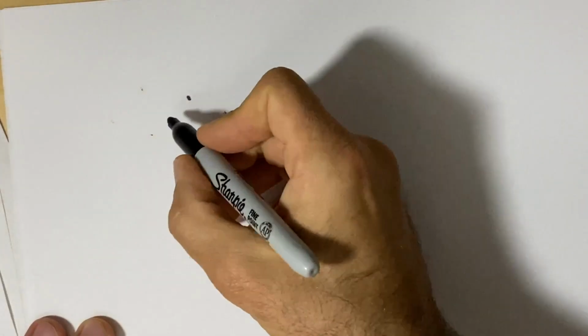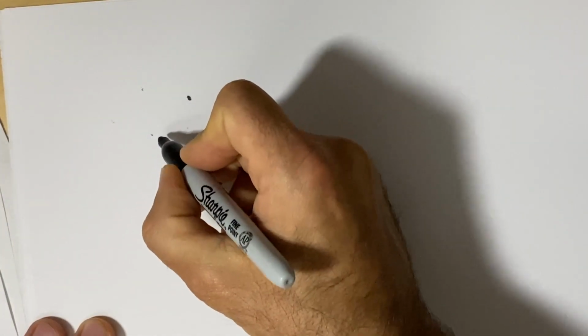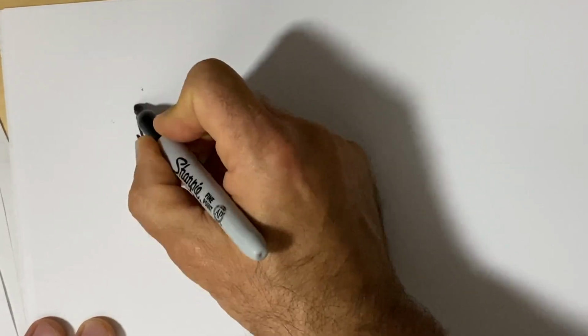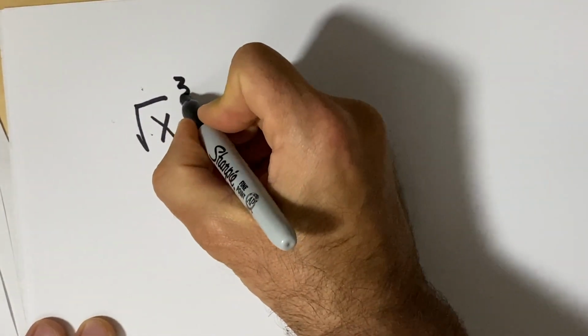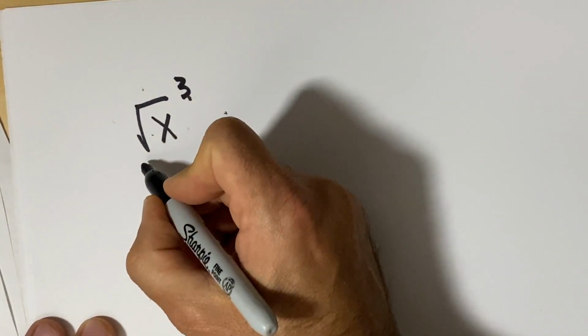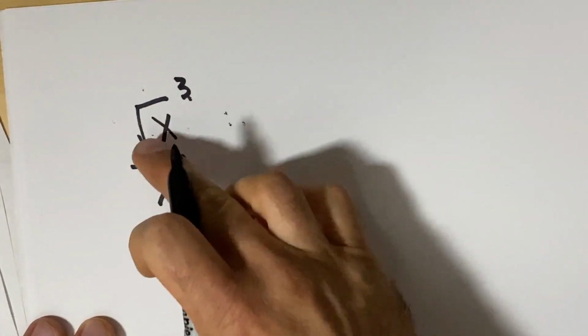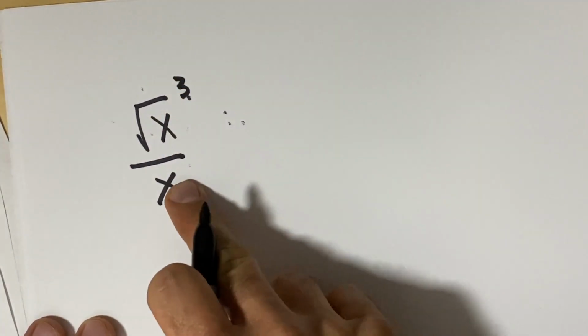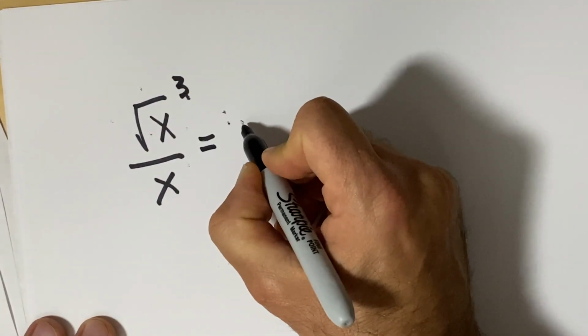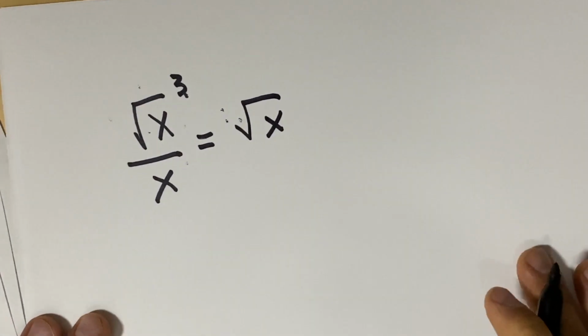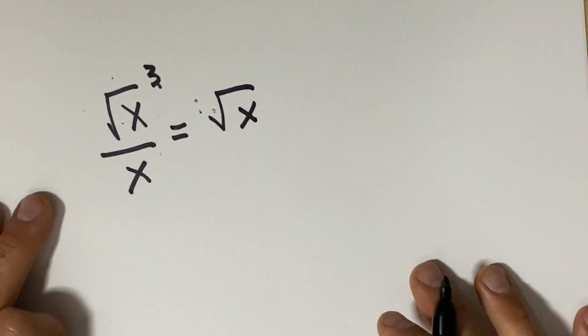Really what he's saying though, if you want to do it algebraically, you're saying if I take the square root of x and cube it, and then divide it by x, so the x would be 2, square root of 2 cubed divided by 2, it'll equal square root of x. We can even show that that's true algebraically as well.